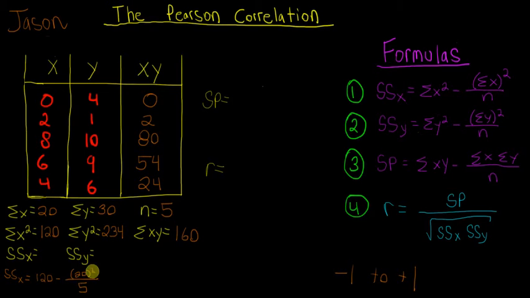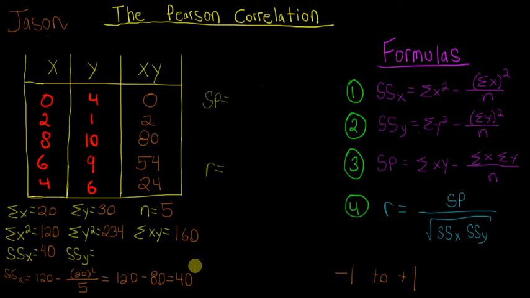So I'll do this in two steps. First, I'm going to calculate that second part. 20 squared divided by 5 is going to give us 80. And then finally we're going to get 40 for our sum of squares x variable.